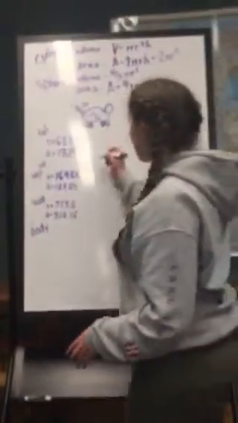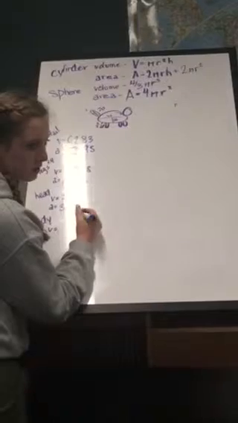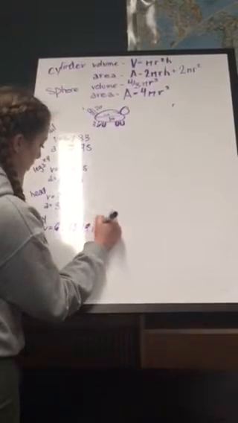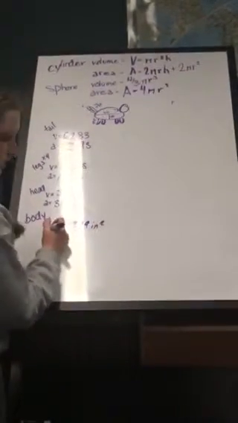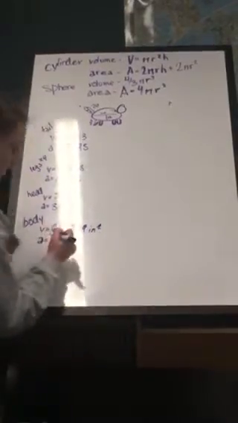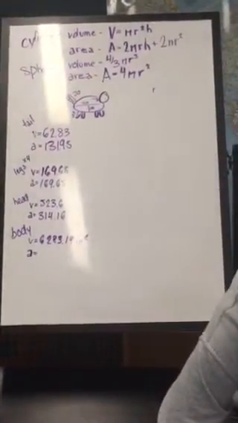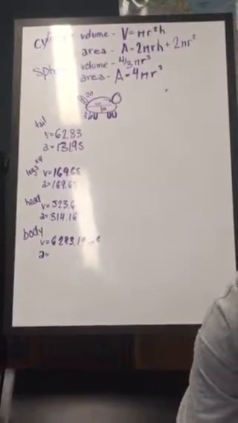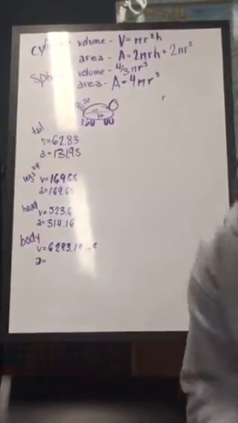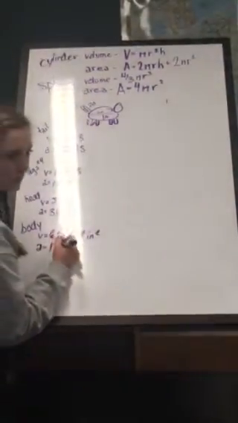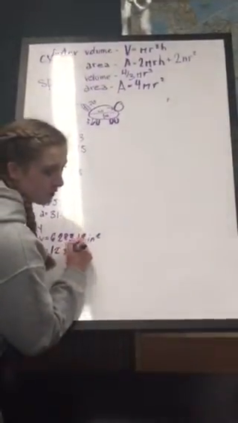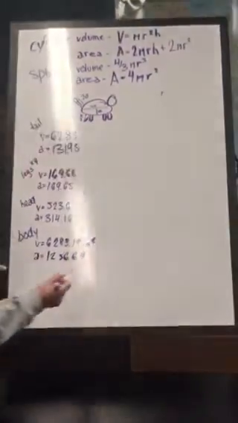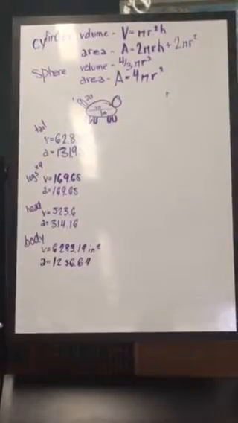So the volume for the body is 6,283.19 inches squared, and the area for it is 1,256.64. So these are all our numbers that we need to add up.